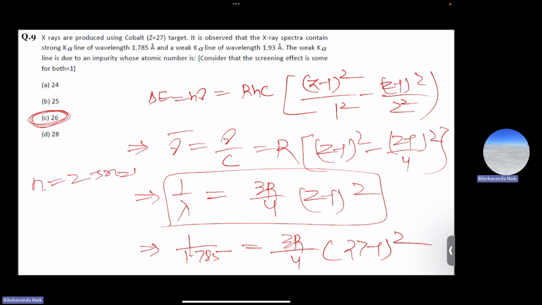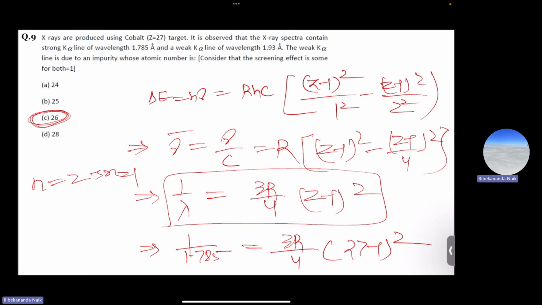According to Moseley's law, considering the Bohr values like in a hydrogen atom, we can say the change in energy is RHC (Z minus 1) square by 1 square minus (Z minus 1) square by 2 square. So 1 by lambda will be 3R by 4 (Z minus 1) square. So 3R by 4 gets cancelled for each.